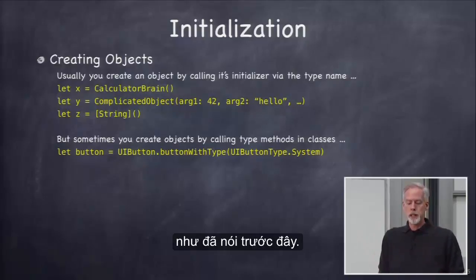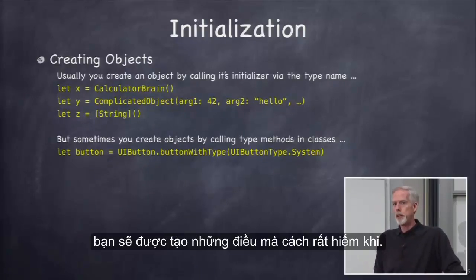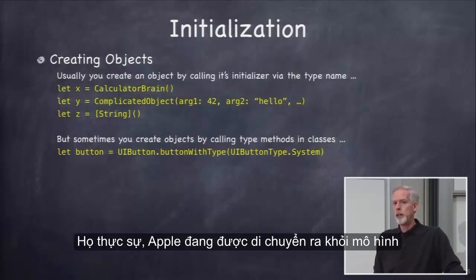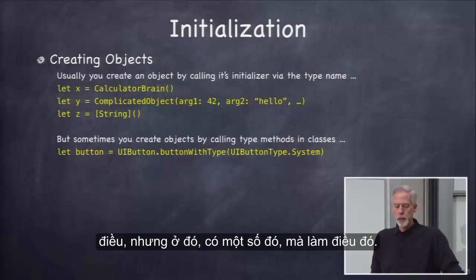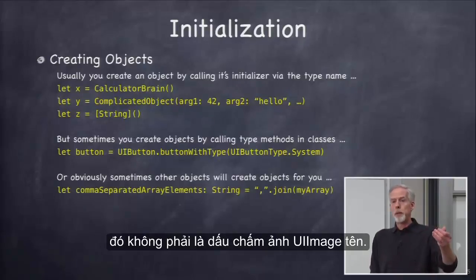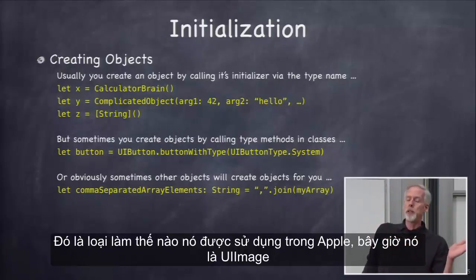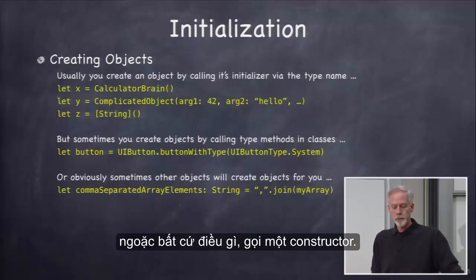It is being sent to the type, like we talked about before. And so sometimes you'll be creating things that way. Very rarely. Apple's been moving away from that model and more towards just using initializers and creating things. But there's some that do that. Like remember UIImage on the previous page, that wasn't UIImage.image named. That's kind of how it used to be in Apple. Now it's UIImage, parentheses, whatever, call the constructor.